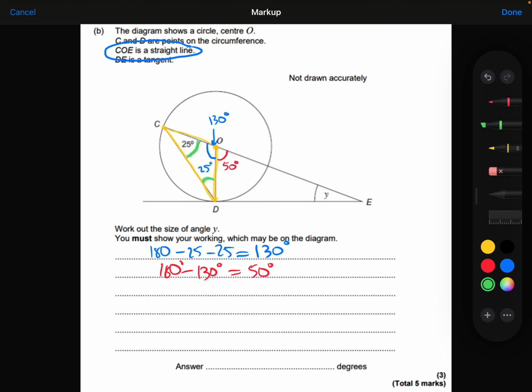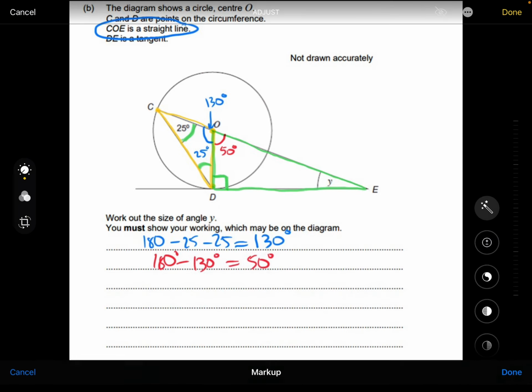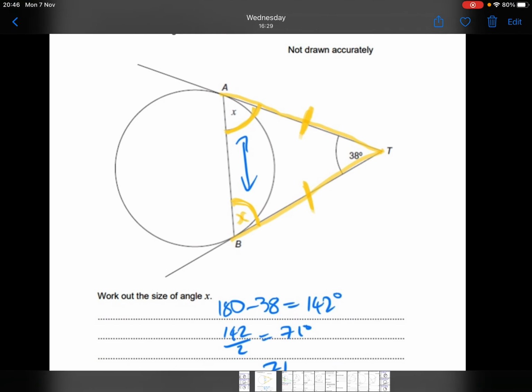Finally, let's focus on this triangle here so that I can work out the size of Y. Well, I know that this angle here is a right angle, and I know that because, let's just remind ourselves of our circle theorems.